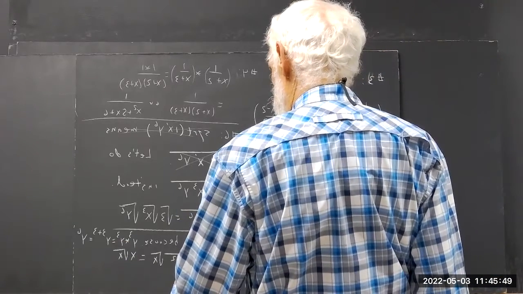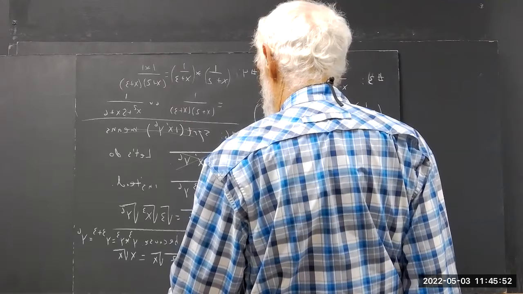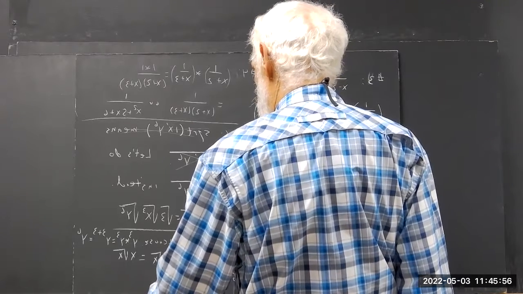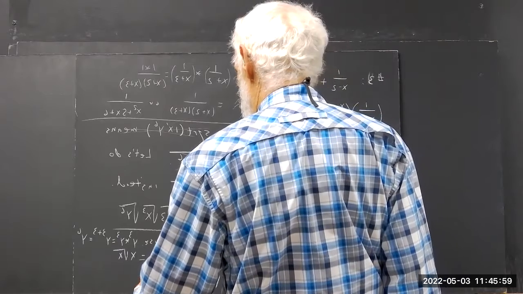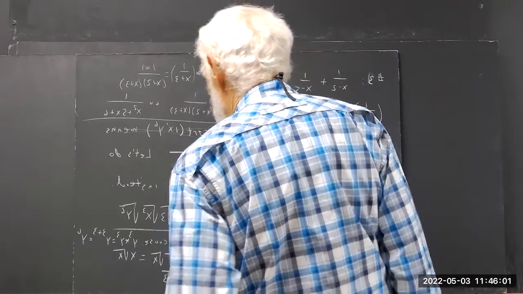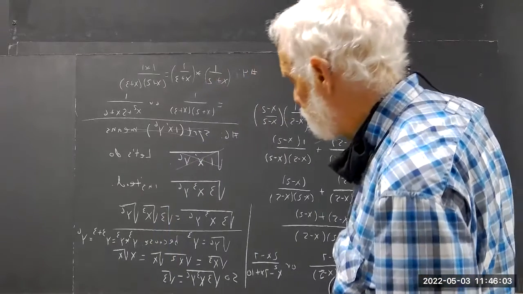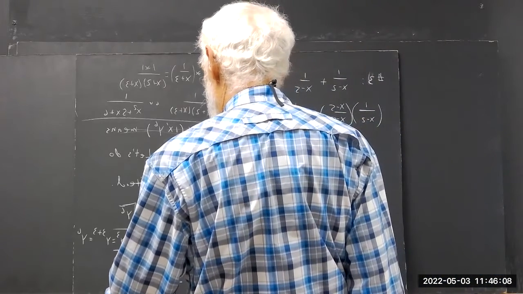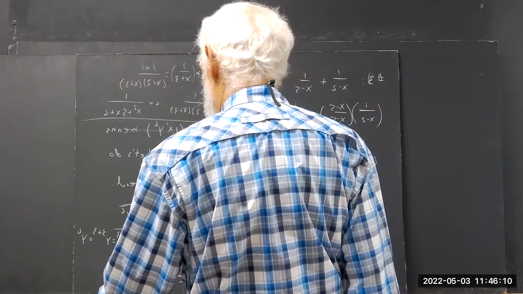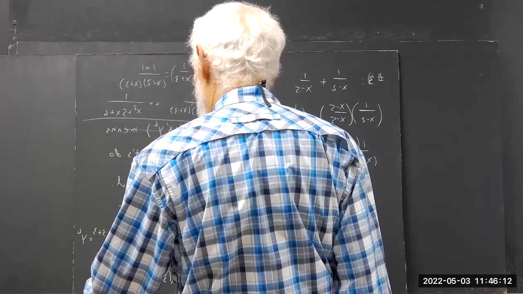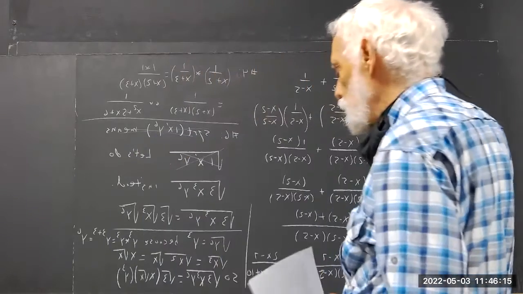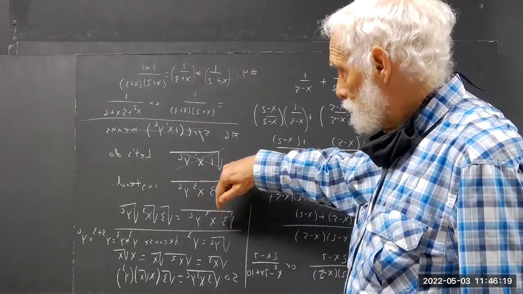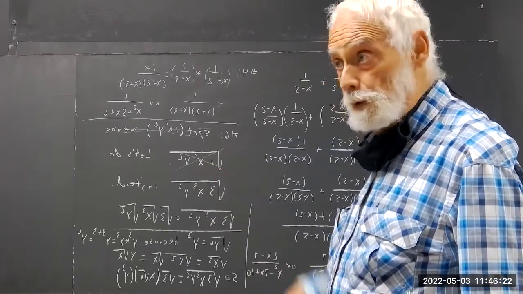So it's the square root of 3 times x square root of x times y cubed. Looking at this expression, it's going to be the square root of this, the square root of this, the square root of this.